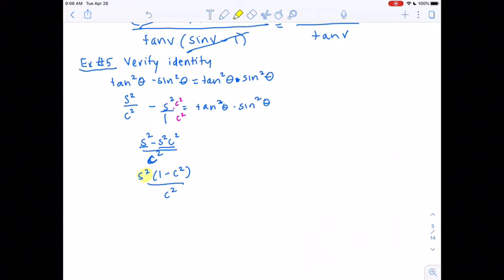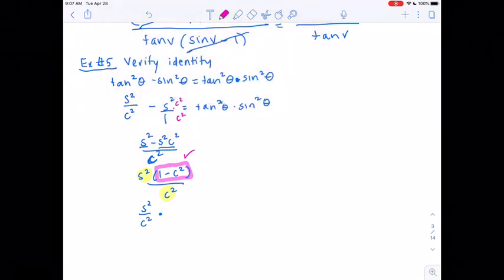So let me highlight two things. Sine squared over c squared could be rewritten so that s squared over c squared is one fraction. And the other fraction is 1 minus c squared, and 1 minus c squared, we are going to replace with, that's the Pythagorean identity for sine squared of theta. So if I replace that with sine squared, I have s squared here.